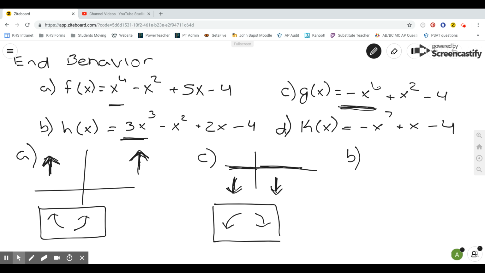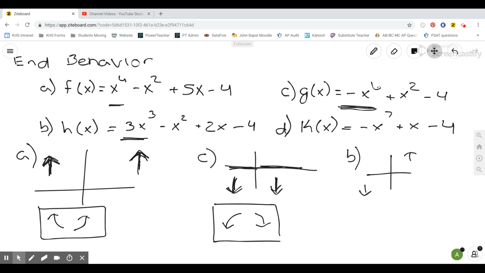We have 3x cubed. If you think about x cubed, we have this general shape. So a leading term with an odd degree that's positive is going to follow that pattern.